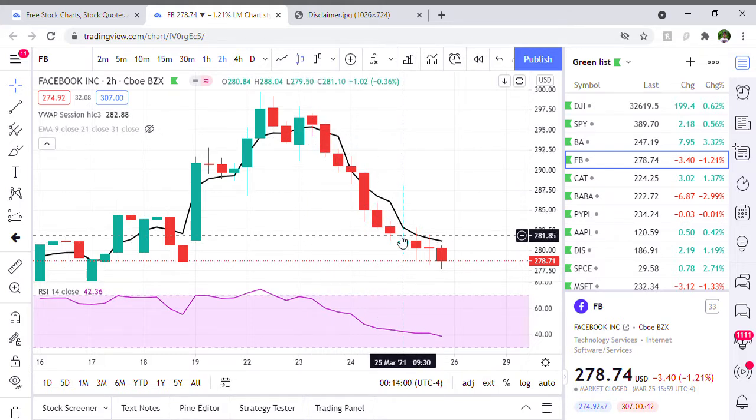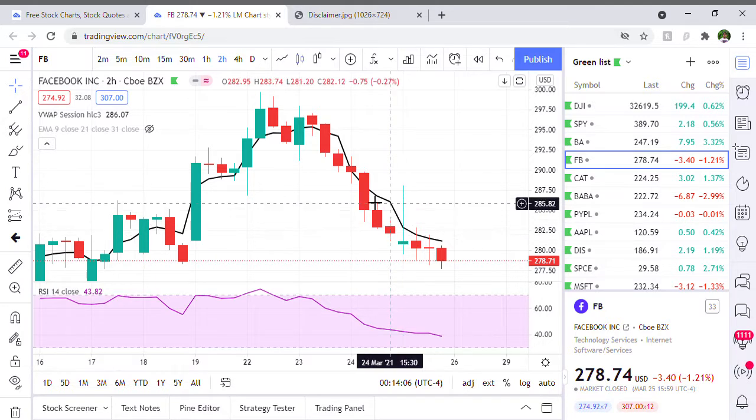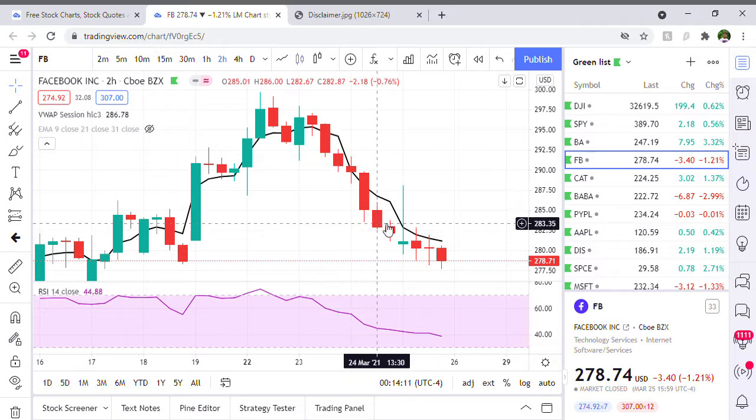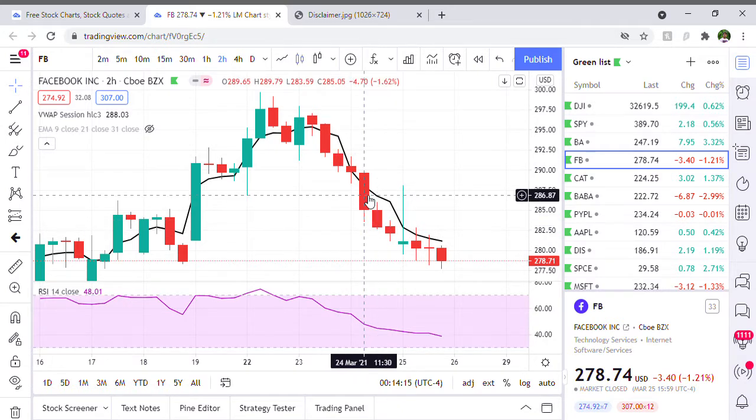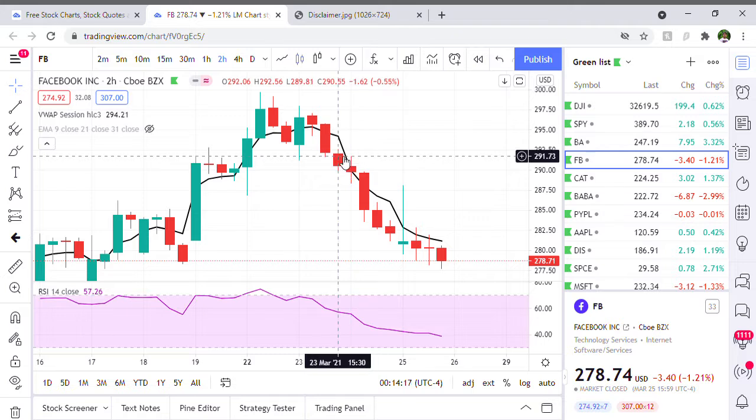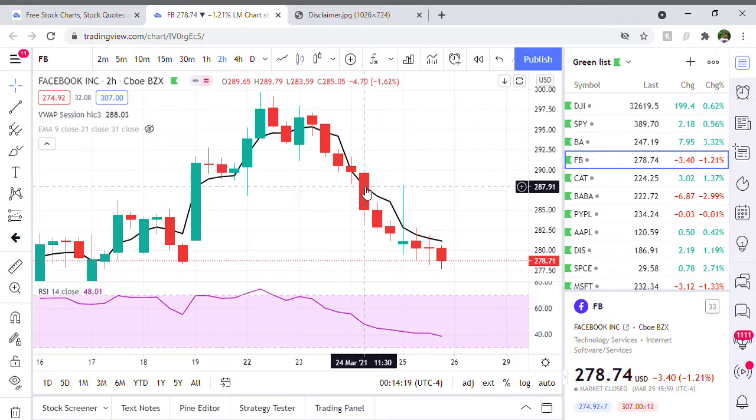If at all we think of a bullish trade on Facebook, we'll go with the 5 previous candles and see which one was the strongest candle. So starting from here, 1, 2, 3, 4, 5. Among these five, this candle is the strongest, which was at around 289.64.